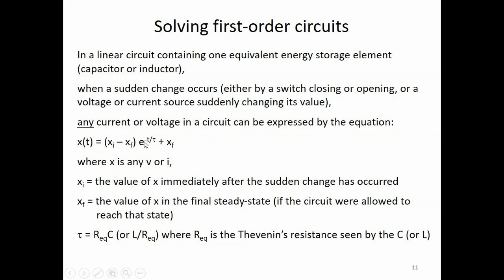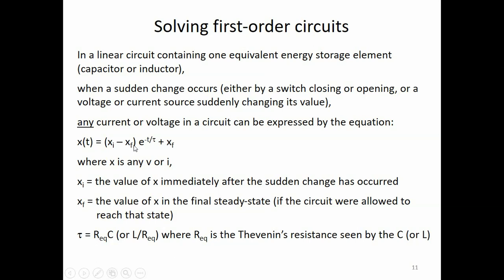Whenever we are given a circuit with one L or one C and some sudden change is happening, like a switch closing, we can write any current or voltage in the entire circuit as this without derivation, and all we need to find are Xi, Xf and tau.